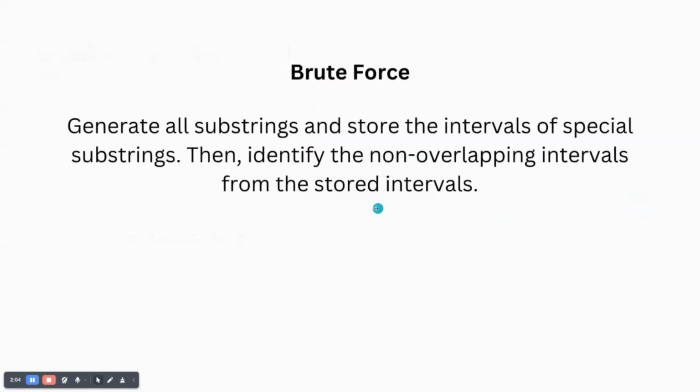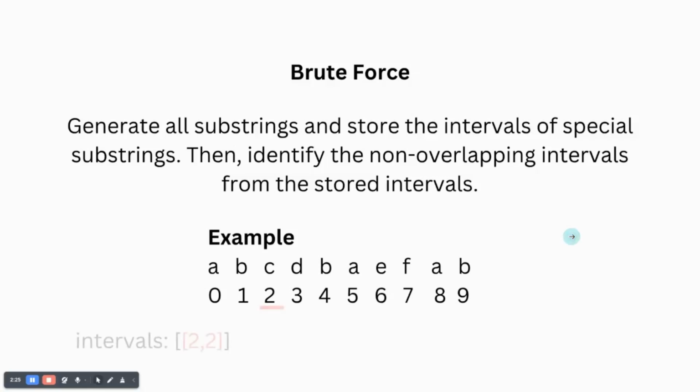If we have to see this in a brute force way, we can generate all the substrings, and from those substrings we can store the intervals of special substrings. Then we can identify the non-overlapping intervals from the stored intervals. I'm going to demonstrate a simpler example, and you will see the whole picture.